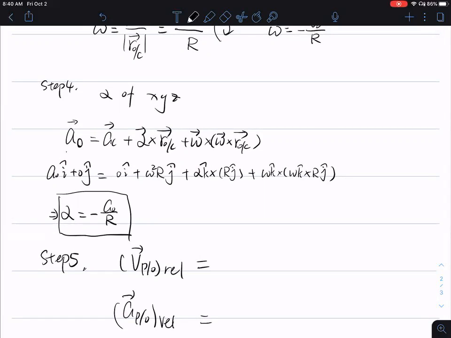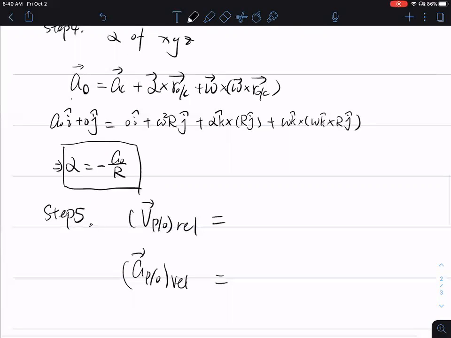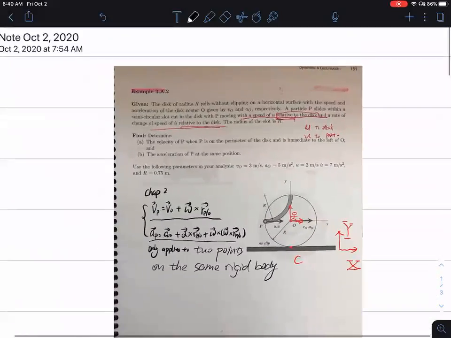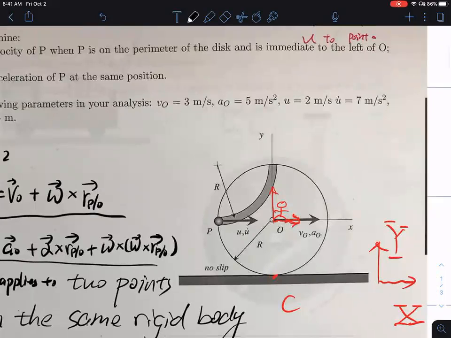I told you on Wednesday, to answer step 5 you need to put yourself in that stick figure. Imagine you're the person standing at the center of that disc, rolling with the disc. Then at one end of that disc, there's a particle that can move inside of that track. What is the velocity equation for that particle?